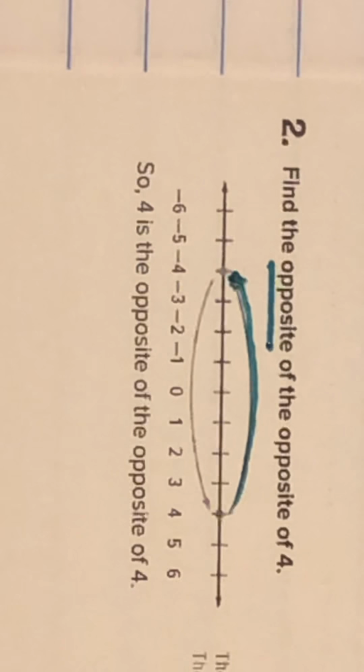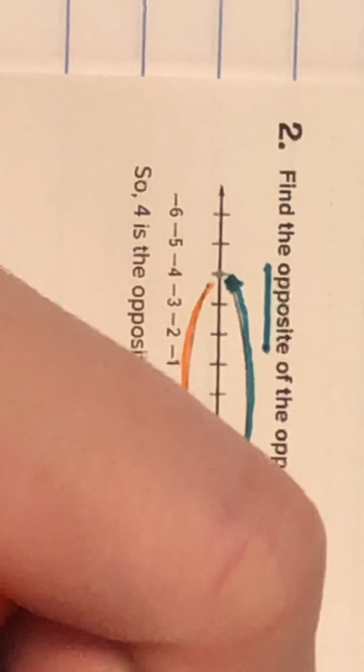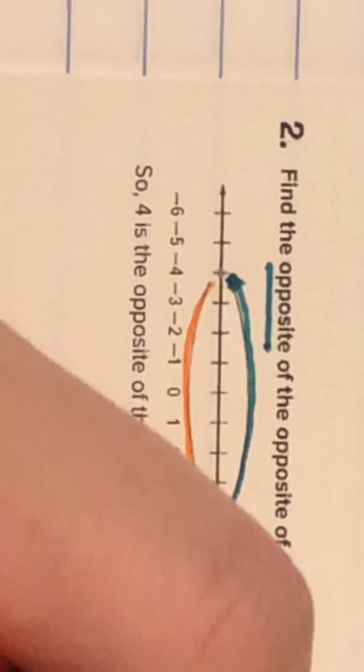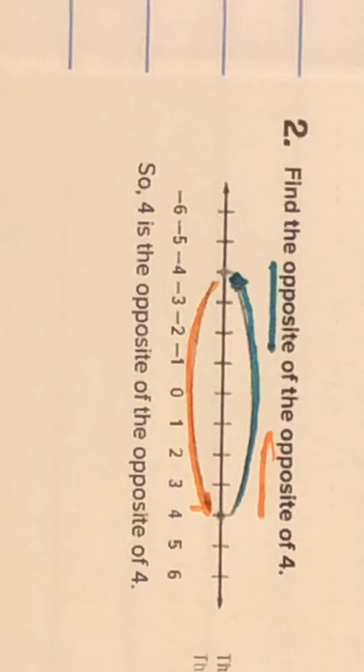So I go, this is the opposite, of the opposite. So there's 2 of them. So back. So the opposite of the opposite of 4 is 4.